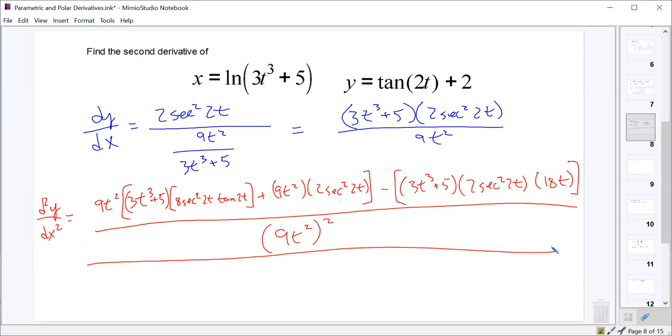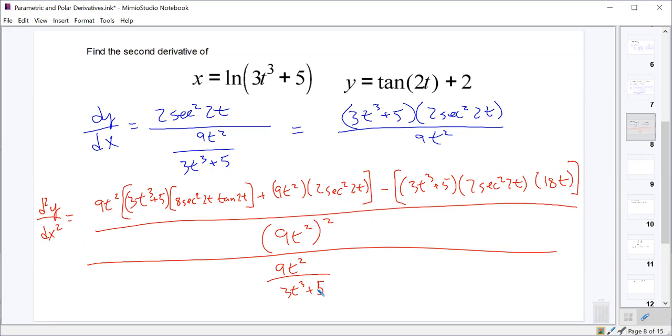And then all of that divided by this 9t squared over 3t cubed plus 5. No, because you already took the 3t. Oh, wait. Just kidding. I did that right.